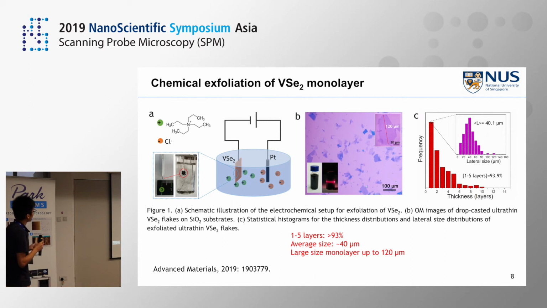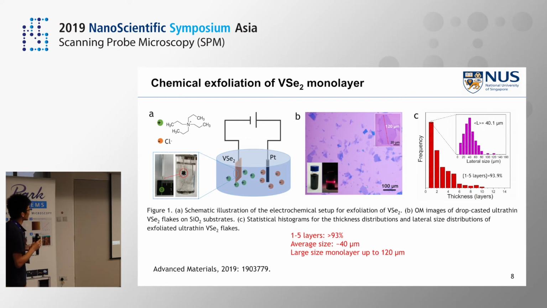Then we can see from this image many different sizes of flakes. The biggest size we can find is more than 120 microns, so it's quite big.